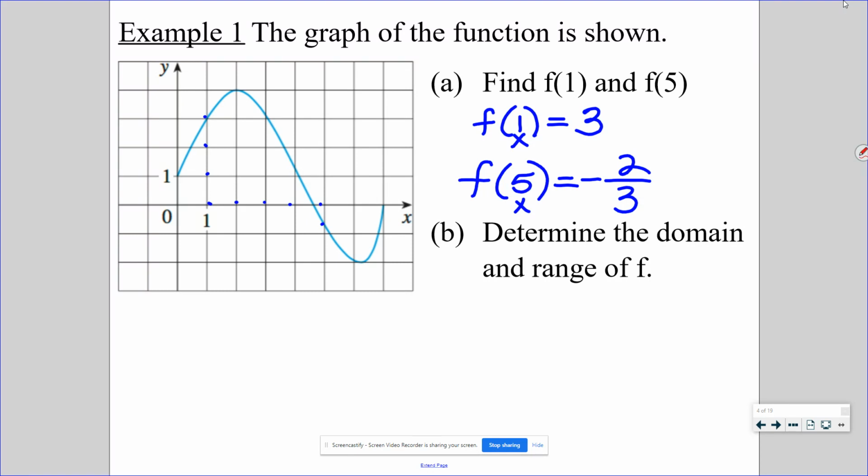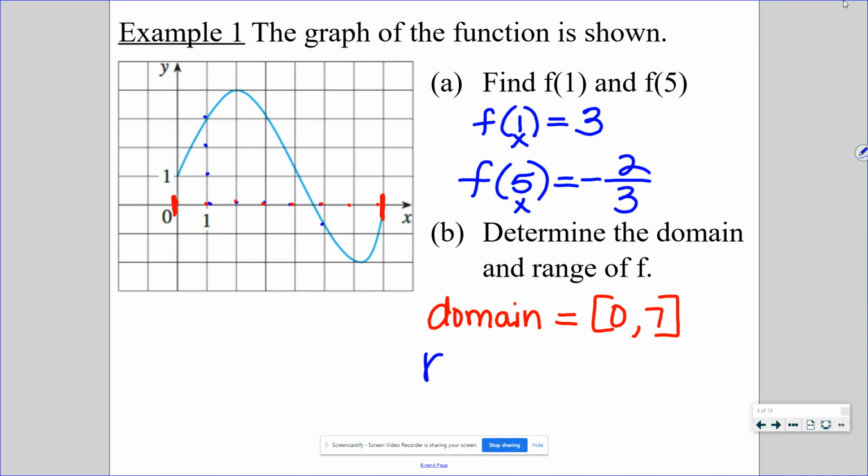Domain and range. So we're going to say for domain, we want to look at how wide the graph is. And it looks like this graph goes from 0 on the x-axis up to 7. So we're going to write it as 0 to 7 with both values included, because to my eye it looks like it does touch both of those x values.